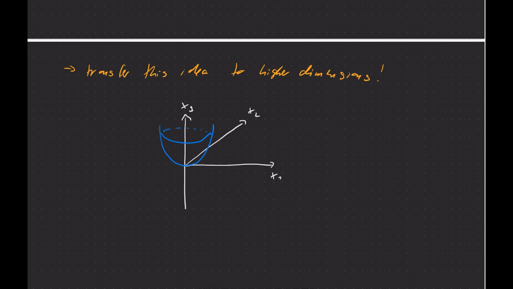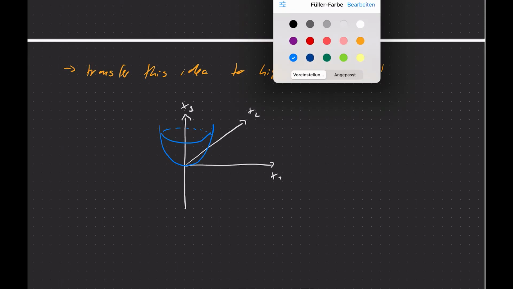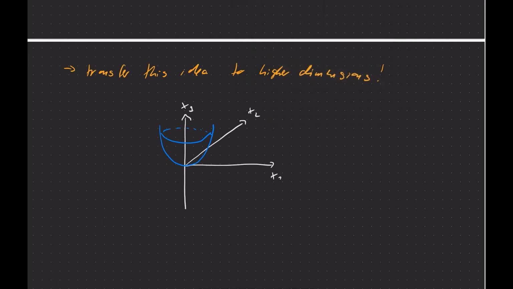And we want to approximate that through a linear function locally. So what does that look like geometrically? What we do here is we choose a point somewhere in that plane that corresponds to a point on the surface of that graph.